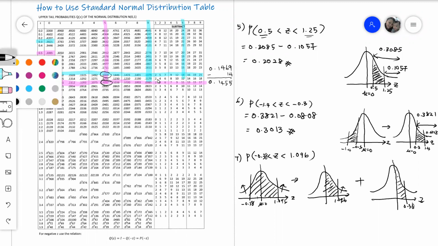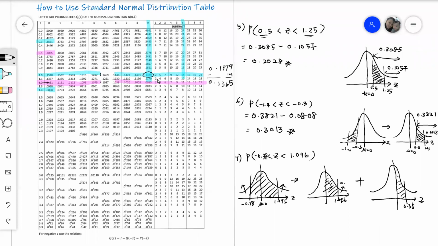It should be the blue one, this one. My fault. It is 0.1379, and then the blue one, 14. Sorry, I was distracted by the pink color. So we will have 0.1365. That is the area of the upper tail when our z-score is 1.096.